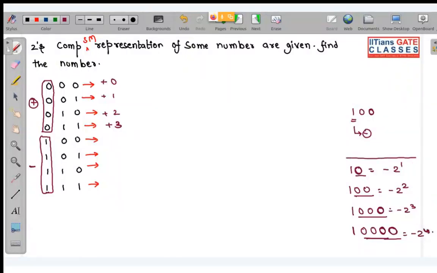So this is your special case of sign magnitude representation in 2's complement. So this number will now correspond to minus 4, this number will correspond to minus 3, minus 2, and this will correspond to minus 1.